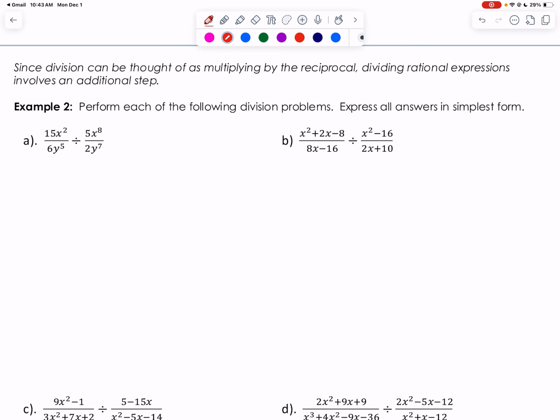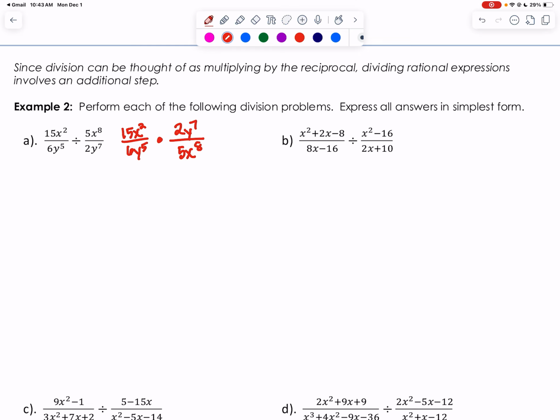So 15x squared over 6y to the 5 divided by 5x to the 8 over 2y to the 7 can be rewritten as 15x squared over 6y to the 5 times, now we take the reciprocal, which would be 2y to the 7 over 5x to the 8.